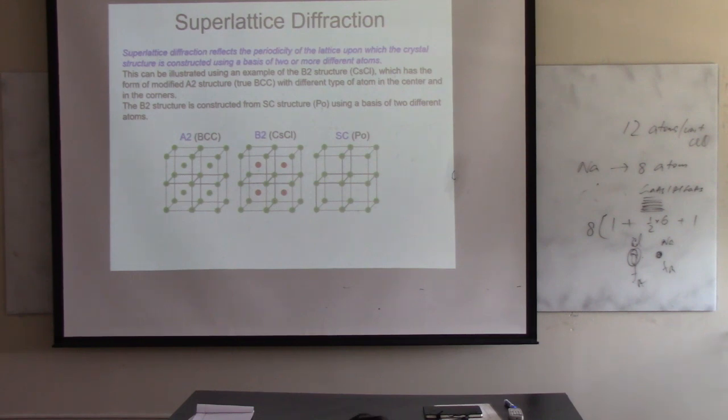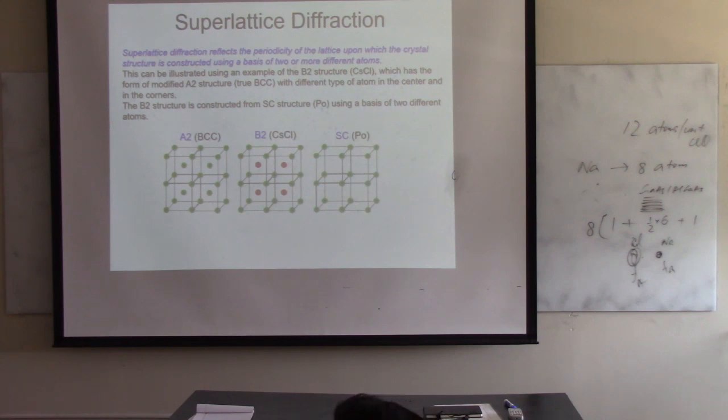Typically A3 is actually the HCP structure. Then A4 is more like the diamond structure. Here these are all the same atom. Diamond is all carbon, and HCP can be some same material in an HCP structure.